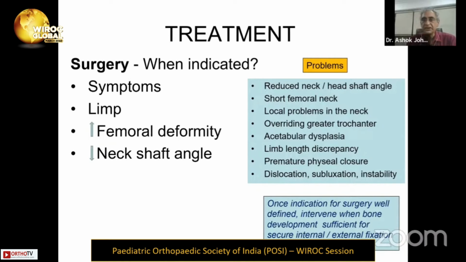So you have a reduced neck shaft or head shaft angle, which means the coxa vara is progressive, short femoral neck, overriding greater trochanter, local problems in the neck like a pseudoarthrosis, an acetabular dysplasia, limb length discrepancy, premature physeal closure, dislocation, subluxation, for example. All of these cases will require management.